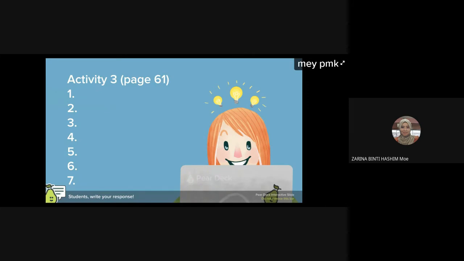That means there are two situations here. We use a present perfect tense to emphasize that the first action will be finished before the other one starts. Means there are two actions here.